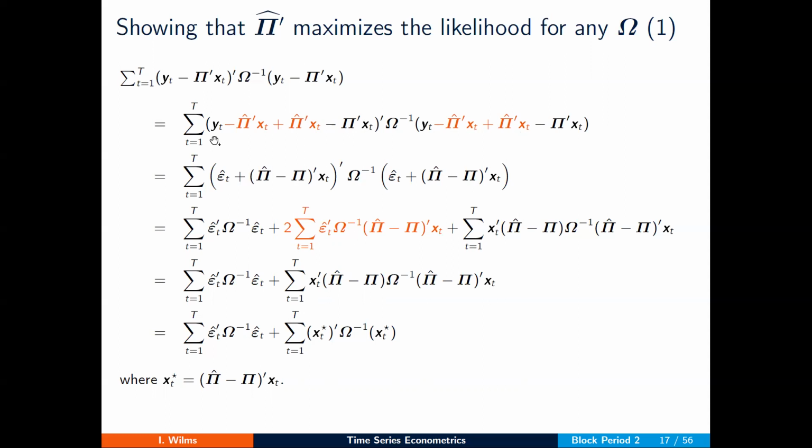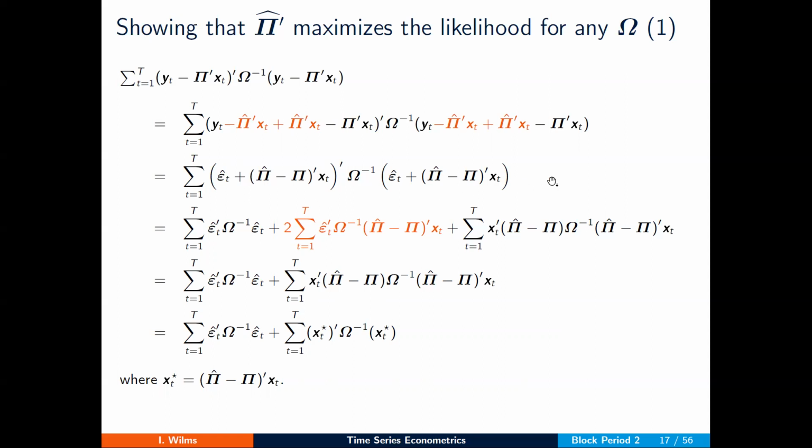Now, y_t minus Pi hat times x_t is nothing more than our residual, so the epsilon hat on the next line. I write out this residual, and the remaining terms in the parentheses I regroup together.